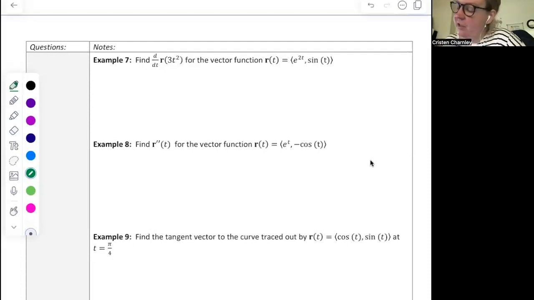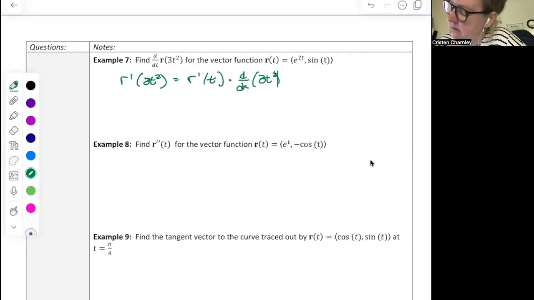If I'm looking for the derivative, r prime of 3t² is going to be r prime of t times the derivative of the inside, d/dt of 3t². Let's put the actual value in there: d/dt of the 3t².